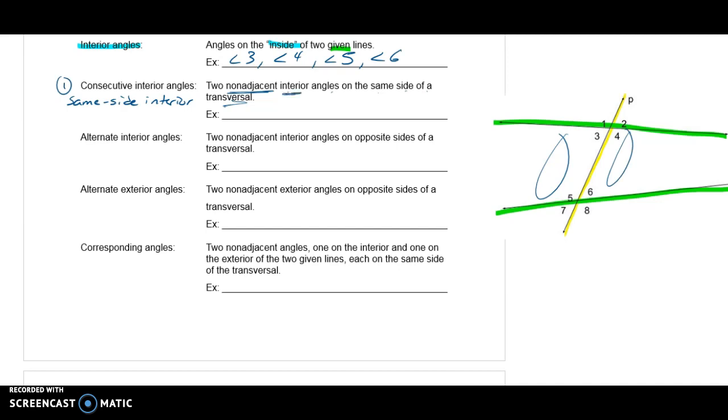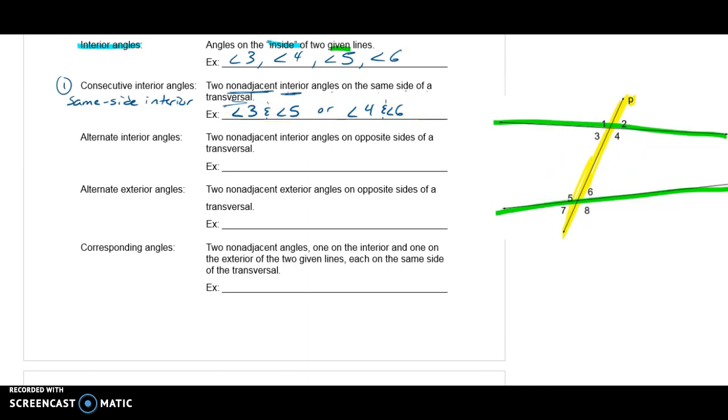And interior means on the inside, so they're either in here or in here. So my two options would be, for example, angle 3 and angle 5, or angle 4 and angle 6. Remember, these are pairs, so they have to come in twos, meaning you have to write two angles to make the pair same side interior.